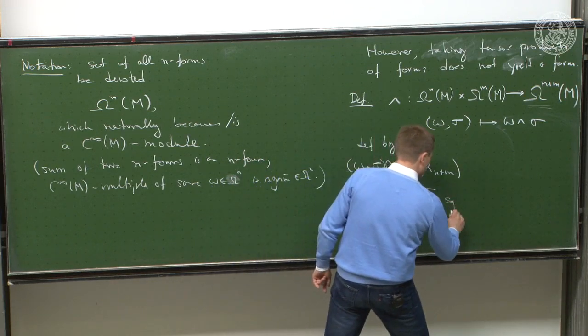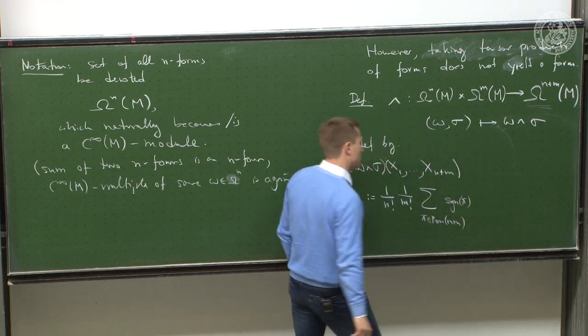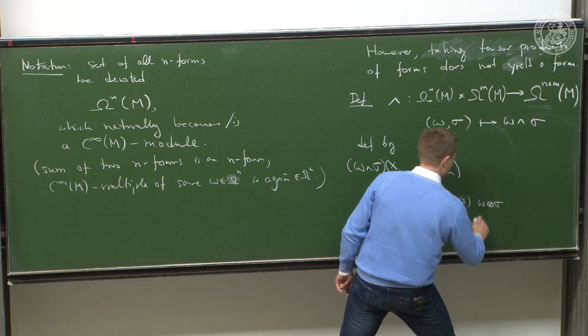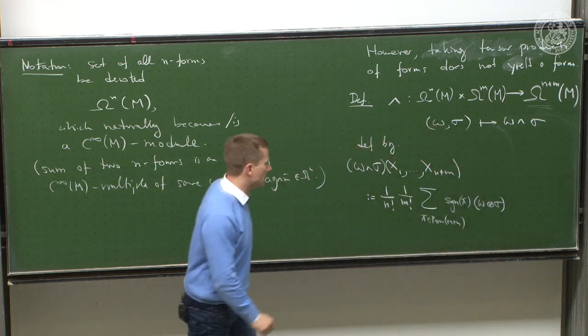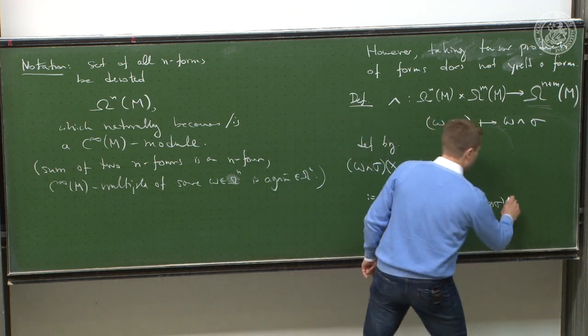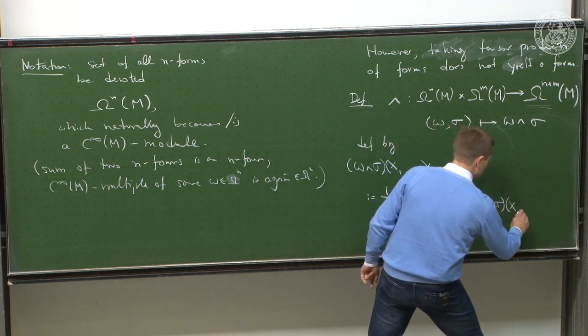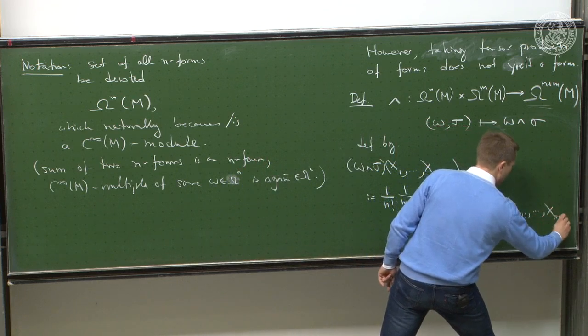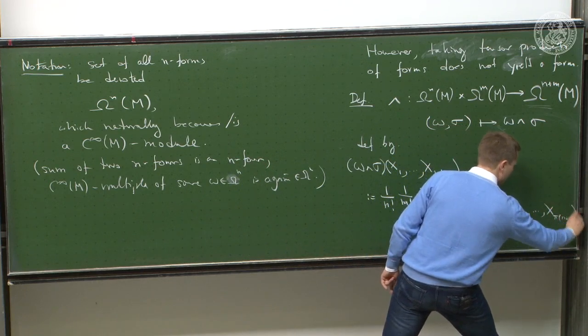Then we introduce a sign of the permutation, and then we simply take omega tensor sigma, we know that guy, and we feed it X_{pi(1)} down to X_{pi(n+m)}.